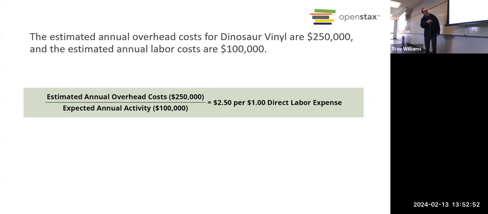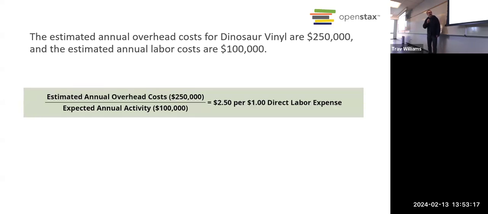So this just puts some numbers in there. If their estimated overhead is $250,000 and they're expecting $100,000 of direct labor costs, that comes out to $2.50 of overhead for every $1 of direct labor cost. Okay? This is a really important formula.